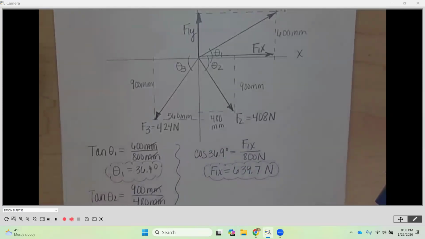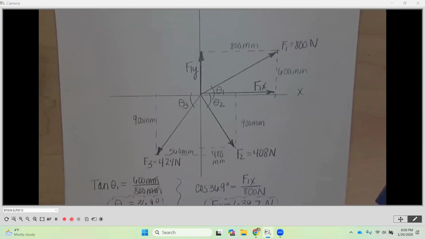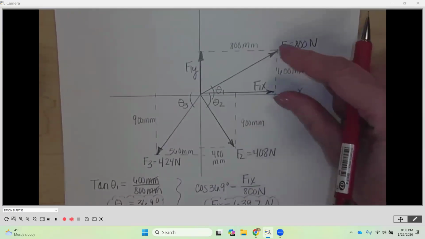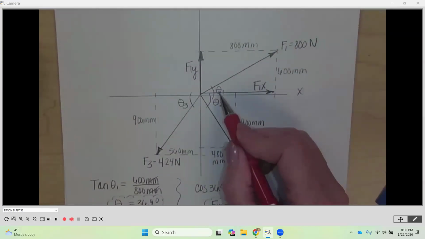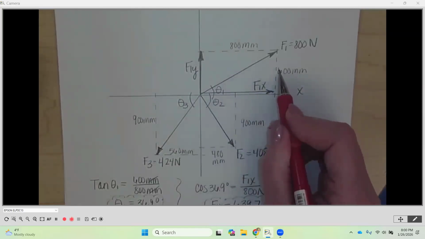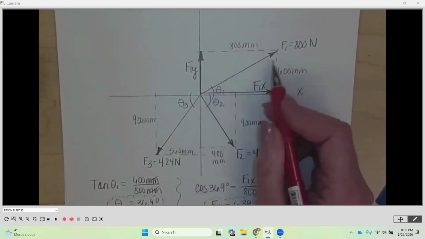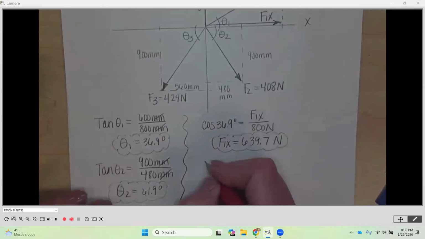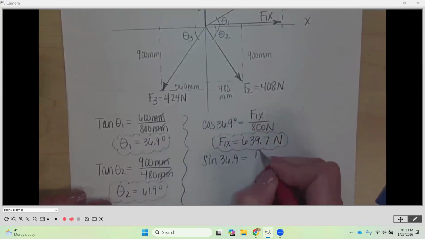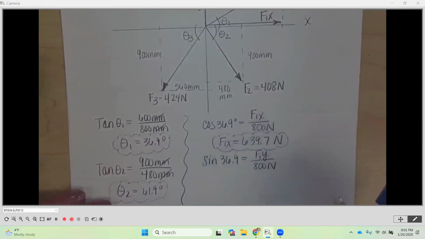Okay. Now let's do our F1Y. Our F1Y has an equivalent length over here. So with that angle theta 1, the 36.9, Fy is the side opposite. And we're going to use the hypotenuse. So that will be the sine function. So sine of 36.9 is going to be equal to F1Y divided by 800 newtons.